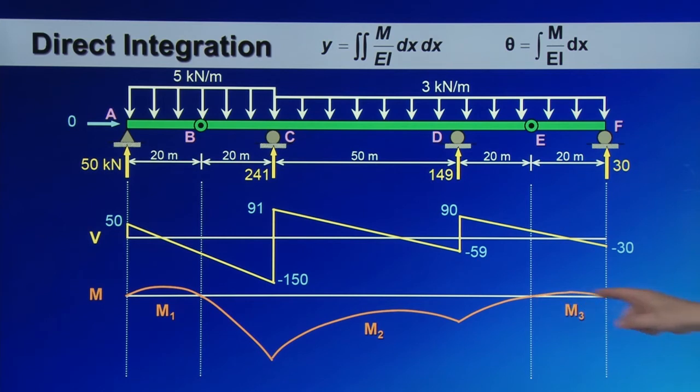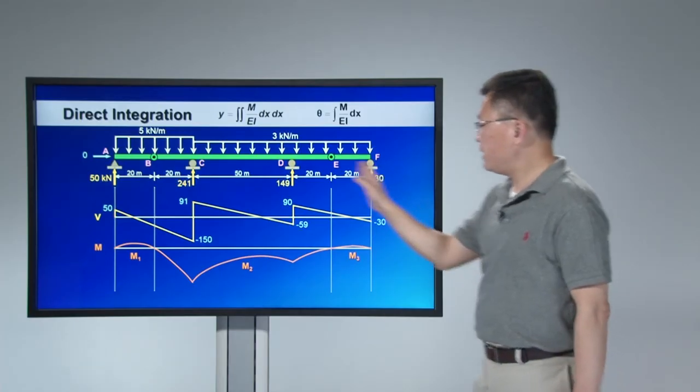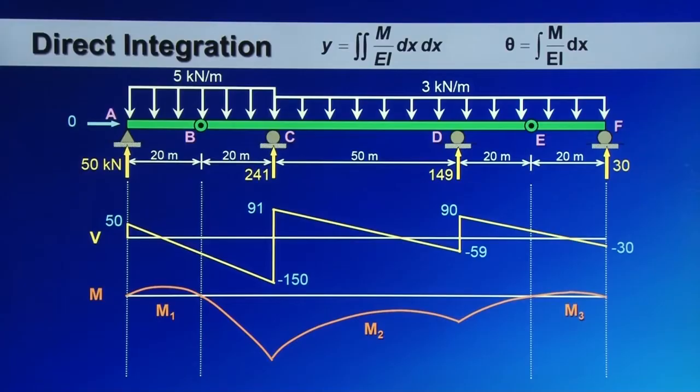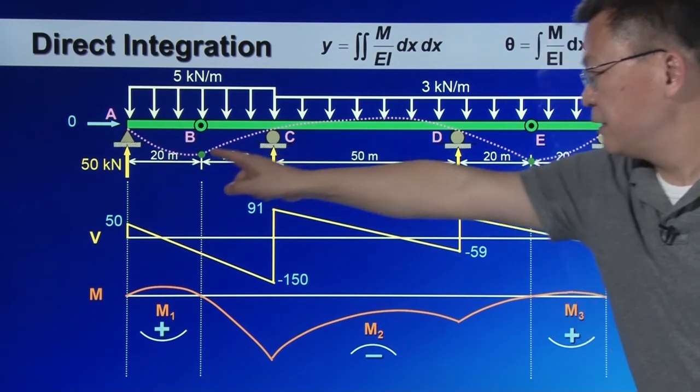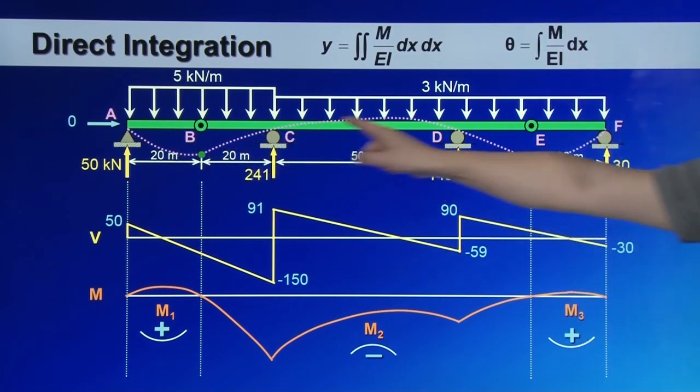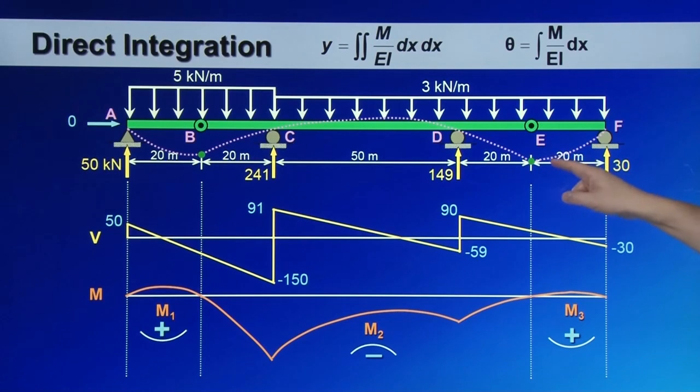And at the right side it is positive, so again convex. Complying with the support or boundary conditions, you can then draw the possible deflection shape, which tells you that this is convex, this is convex, concave, and this is convex.